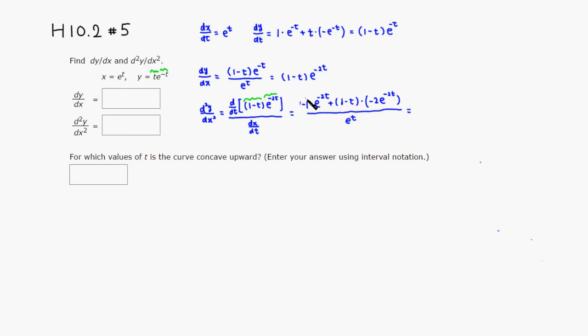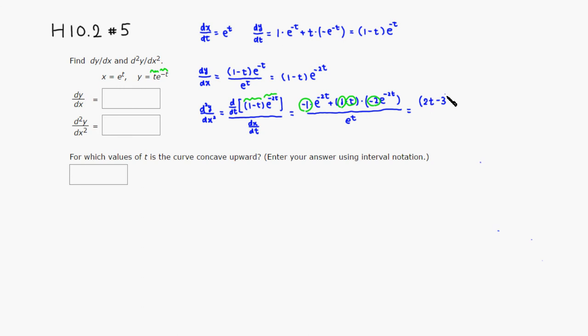Let's combine them together. So you have a negative 1 here, and 1 times negative 2 is a negative 2 there, so you have a negative 3. Then you have a negative 2 times negative t, so it's a positive 2t.